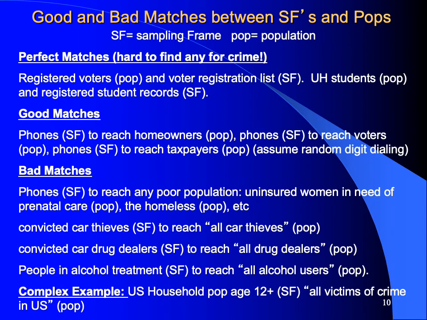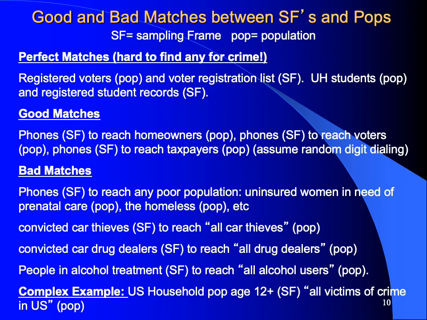Now, what about phones to reach all victims of crime? Remember I said that the U.S. government wants to know everybody who's victimized by crime, and we use the household population to approximate everybody in the United States.